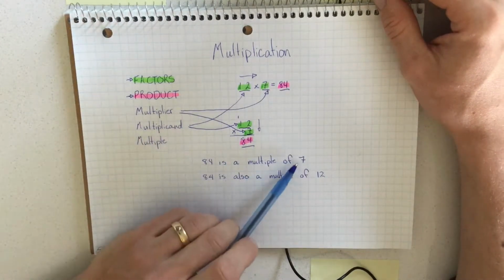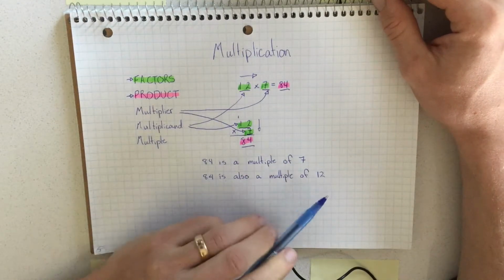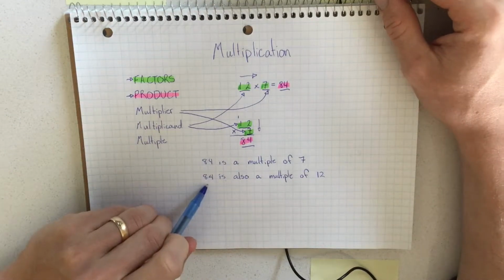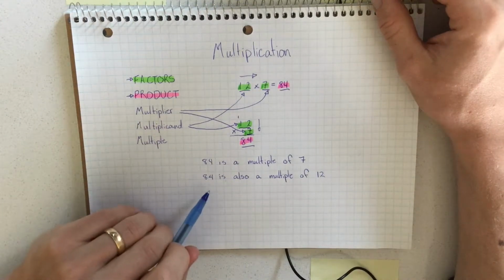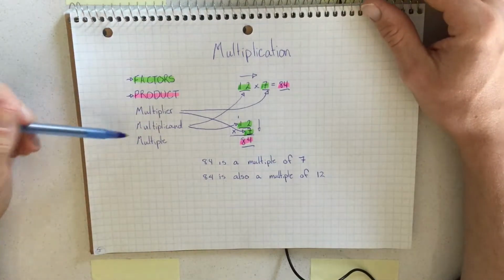So I can collect 12 groups of 7, and I'll end up with 84. I can collect 7 groups of 12, and I'll also end up with 84. So multiple describes the product.